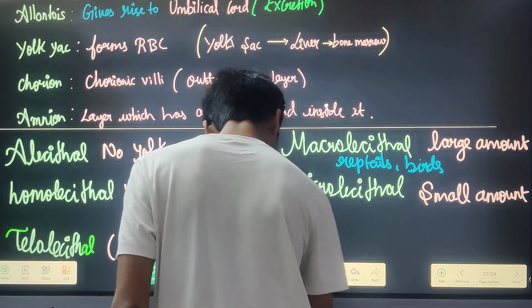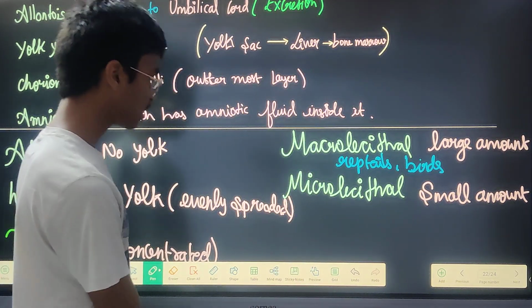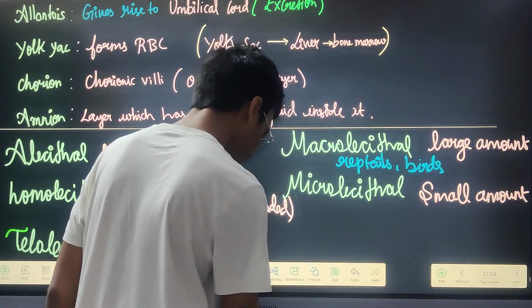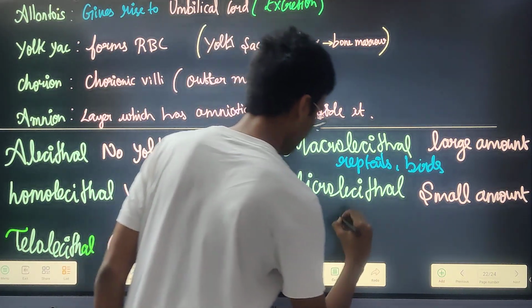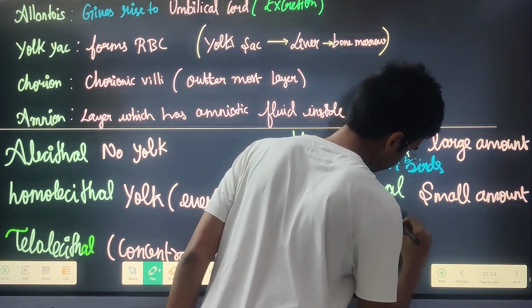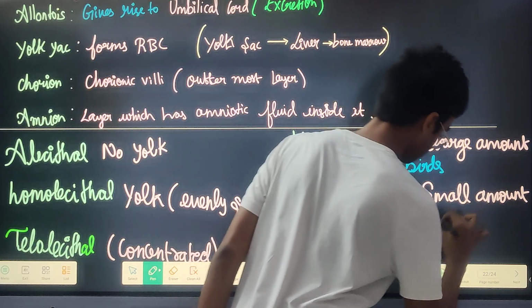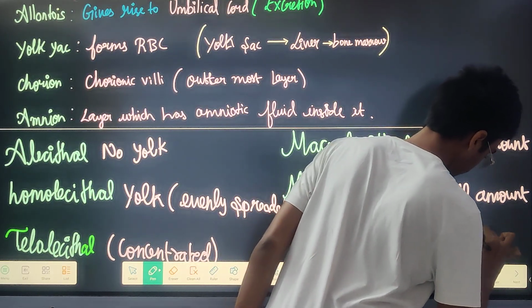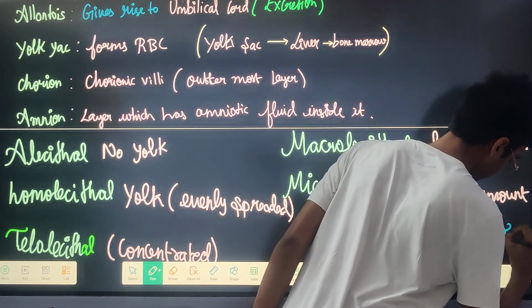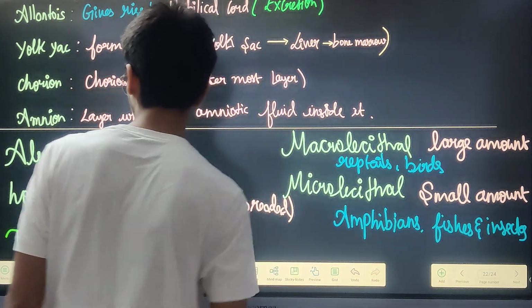Then micro, for micro you can say amphibians, fishes and insects. Alecithal, we humans.